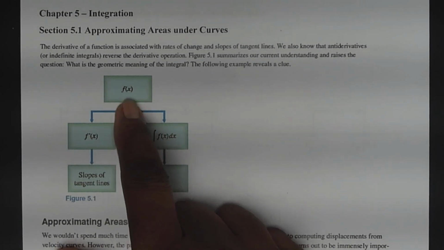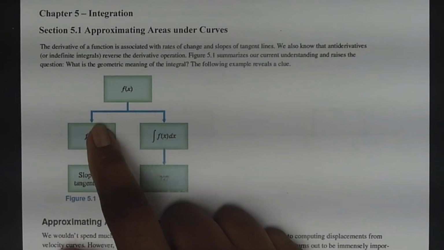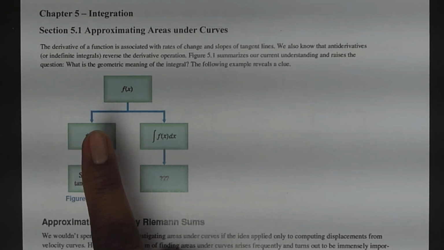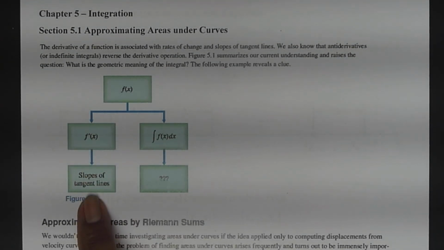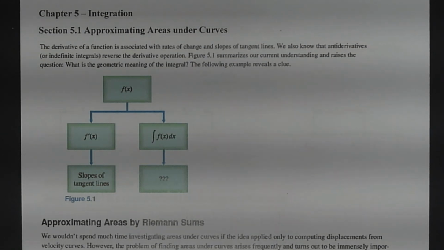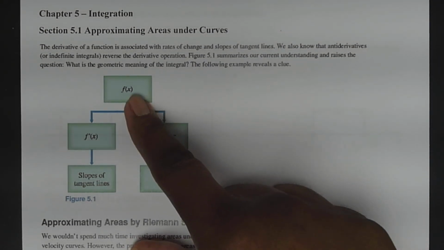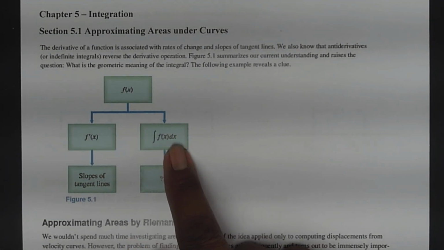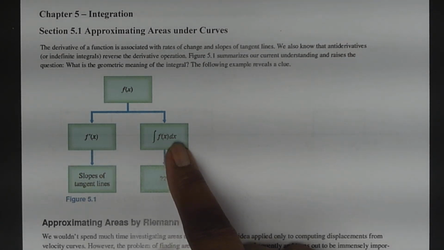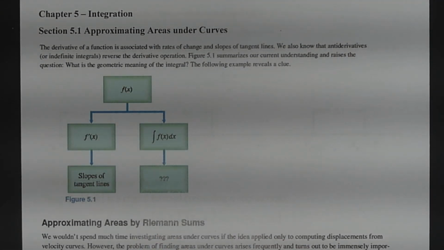If we have f of x, then we can find out what f prime of x would be, and f prime of x will give us slopes of the tangent line. Now if we go in this direction with f of x, we can calculate the integral of f of x dx.